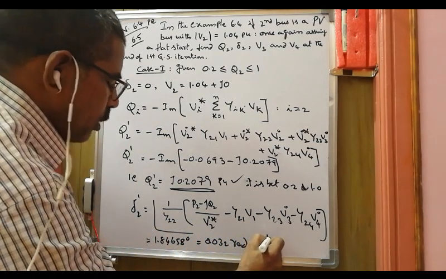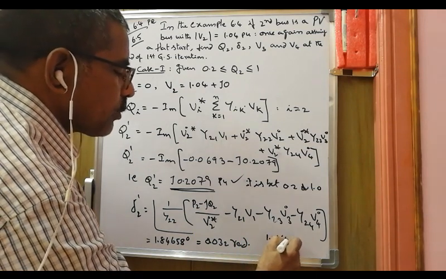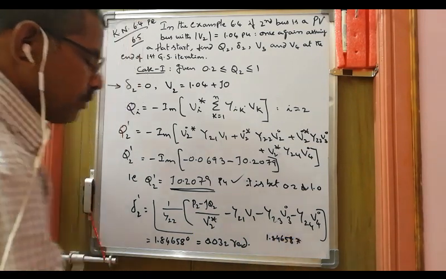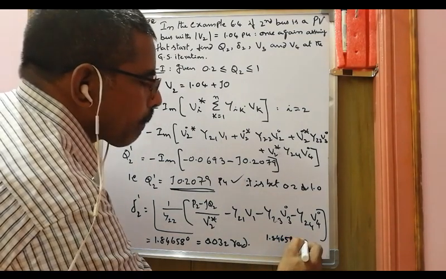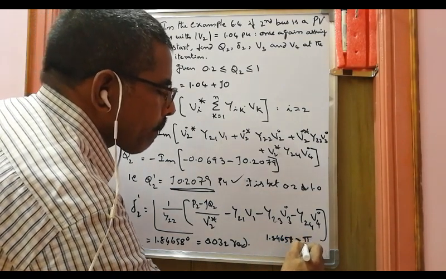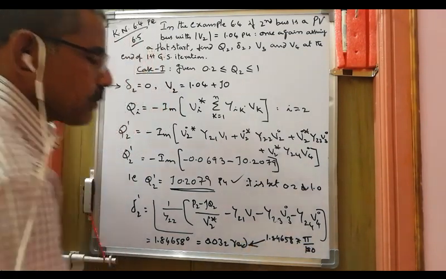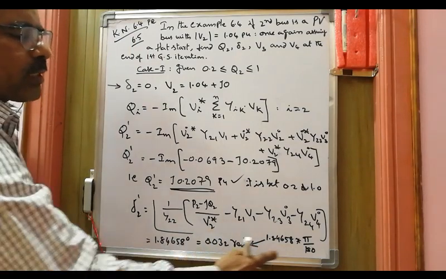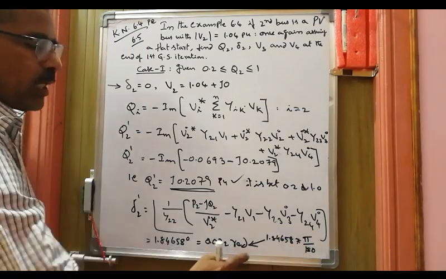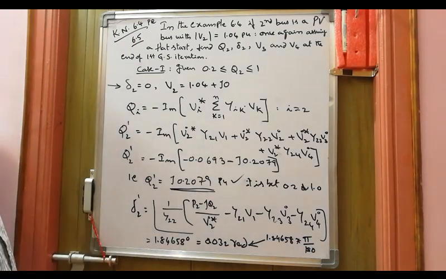This degree is 1.84658 into pi by 180. So many degrees are to be converted into radians. So into pi by 180, if you multiply, you get radians. So this is delta 2.